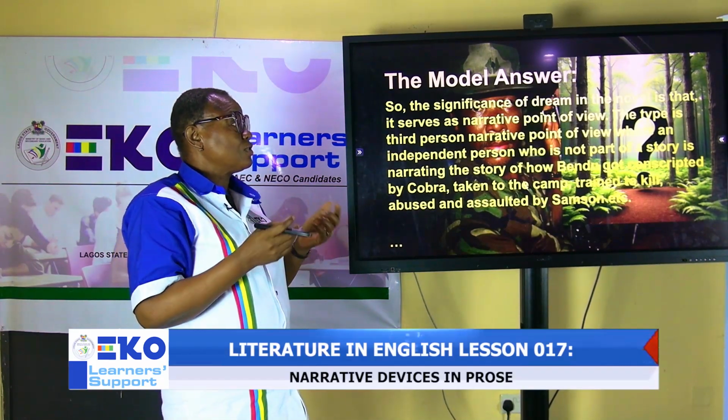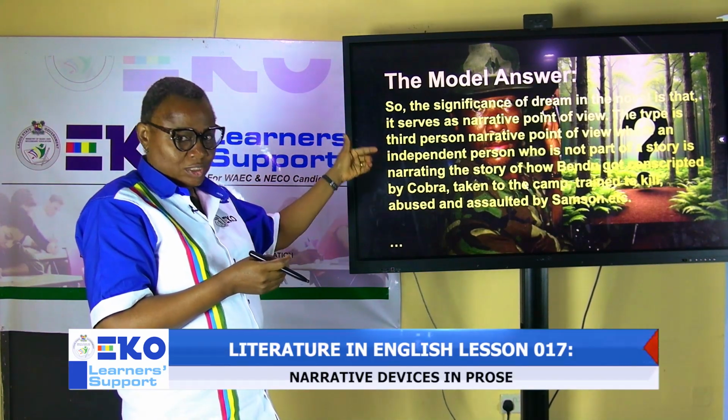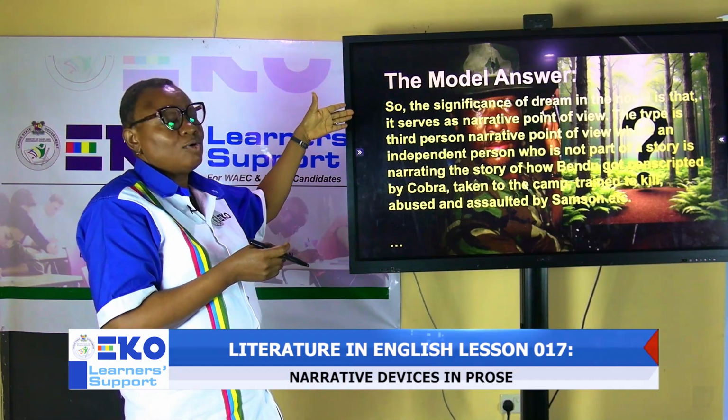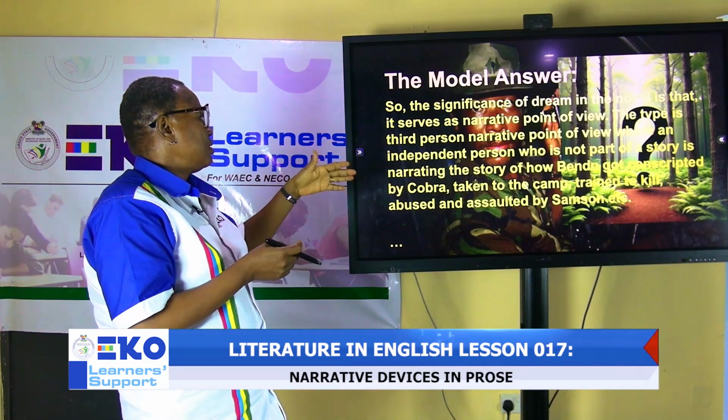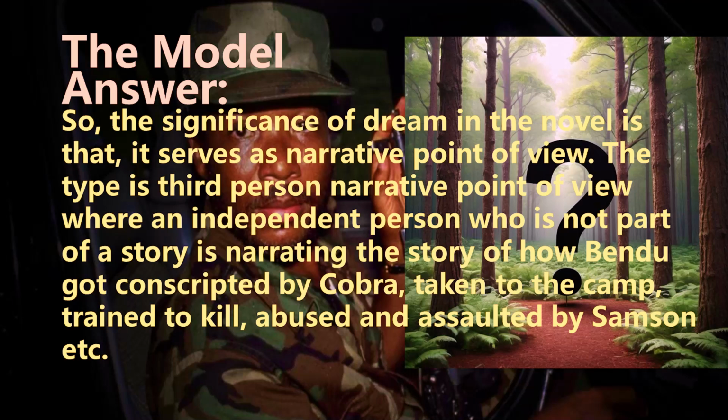So the significance of dream. Now to the question. After three paragraphs, we now begin to answer the question. The significance of dream in the novel is that it serves as narrative point of view. The type is third person narrative point of view, where an independent person who is not part of the story is narrating the story of how Bendu got conscripted by Cobra, taken to camp, trained to kill, abused, assaulted by Samson.